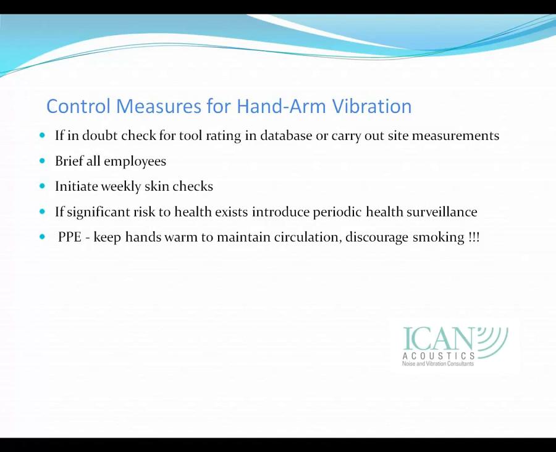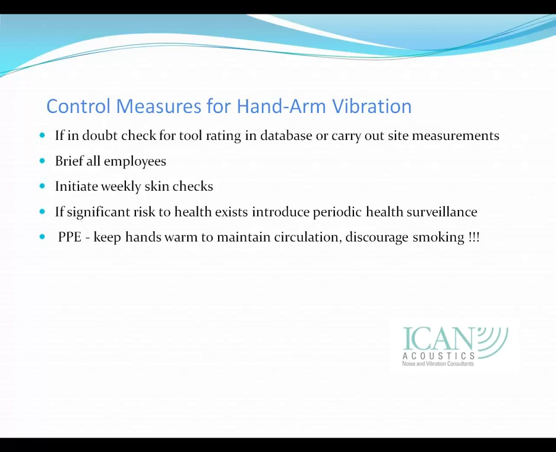So in some cases where there is a lot of vibration, even though gloves are not that effective in terms of reducing vibration, they do keep the hands warm and they do maintain circulation. And again, these are all guidance or control measures that are suggested in the guidance documents, and not something that we've put together, but I'm just reproducing them here so that you have a record of them.